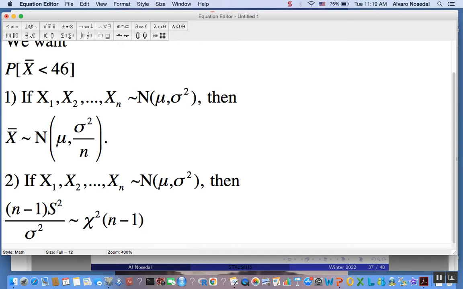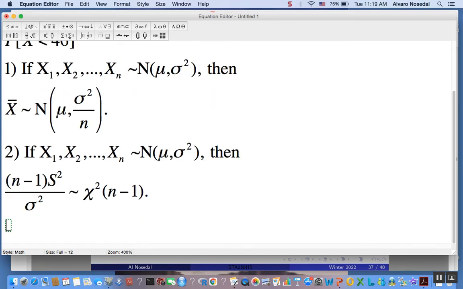Okay? That's also another theorem that we discussed. I think it is theorem 7.3 from our textbook. And we have used it before.